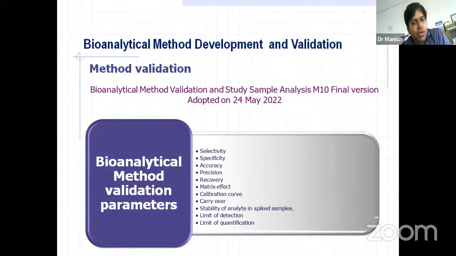So it is very much similar to the regular US FDA guideline validation parameters. It includes selectivity, specificity, accuracy, precision, recovery, matrix effect, calibration curve, carryover, stability of analyte in spiked samples, limit of detection, and limit of quantification.